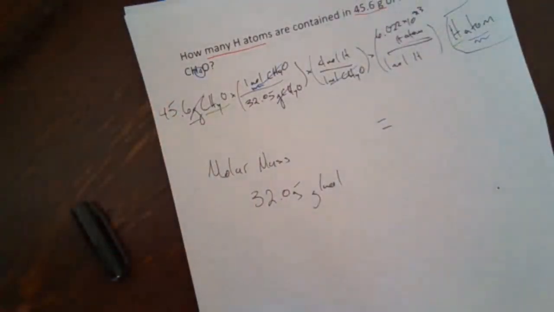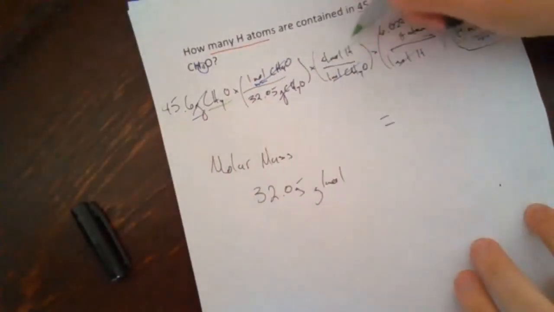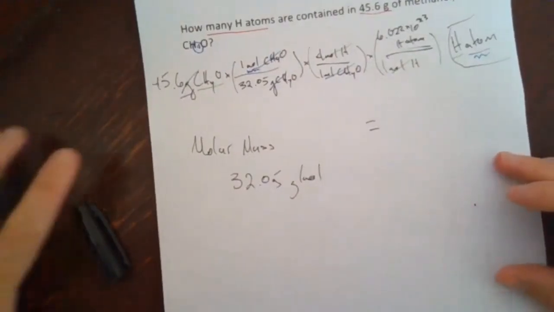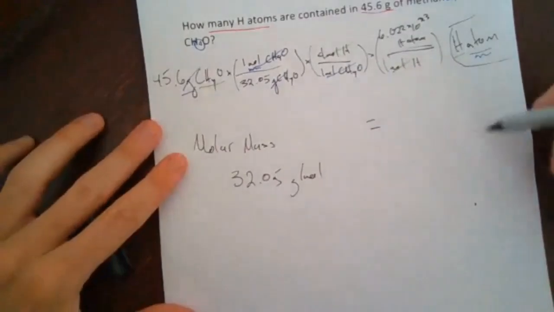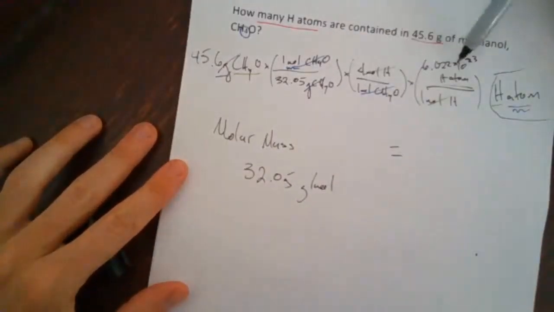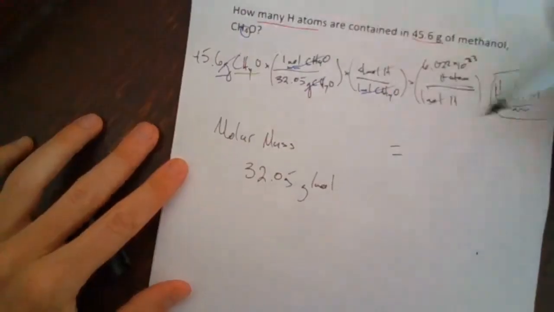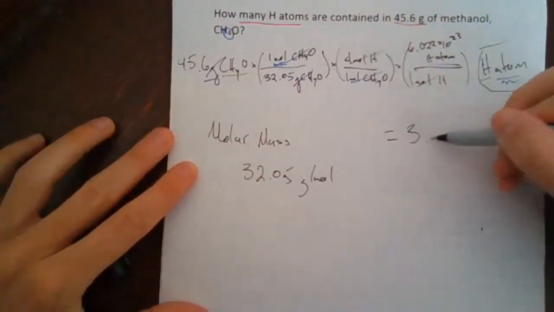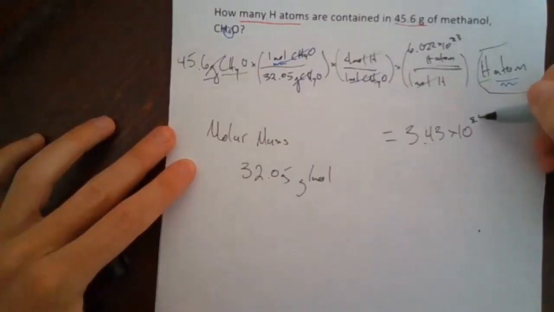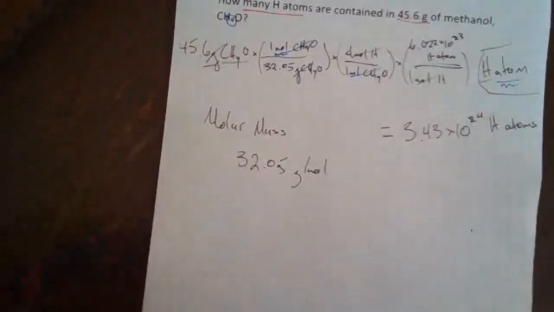But we can see very nicely that we got rid of the moles. So if we put all of that together, these are exact. That is 4 sig figs for 3. So that gets me 3.43 times 10 to the 24th H atoms.